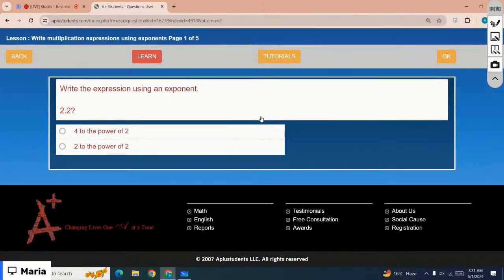You can use 2 as a factor, and the exponent would be 2 because you are multiplying 2 times. The correct option is the second one, 2 to the power of 2, because you are multiplying 2 times.